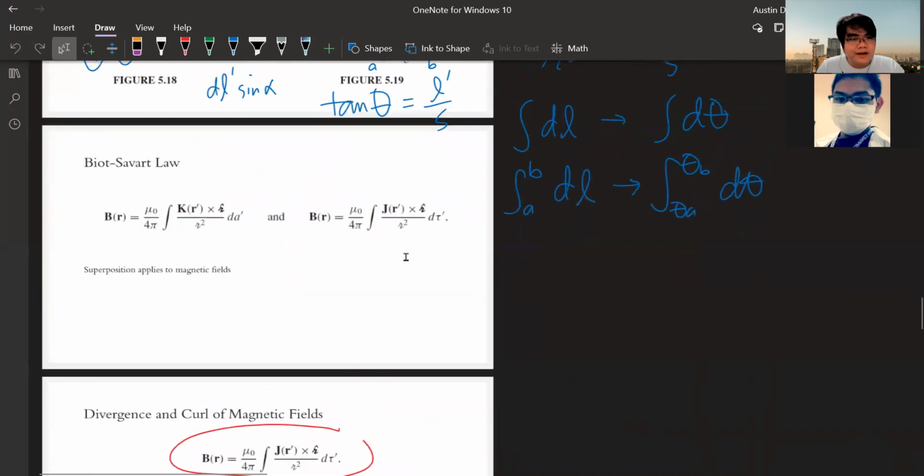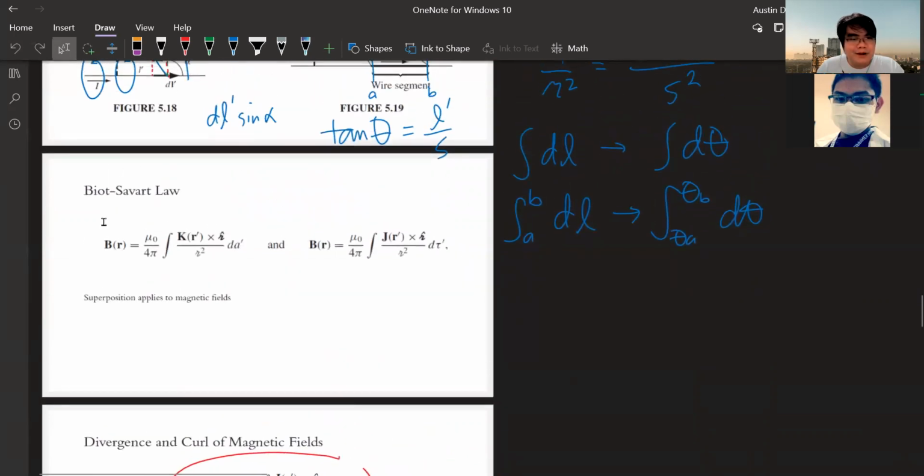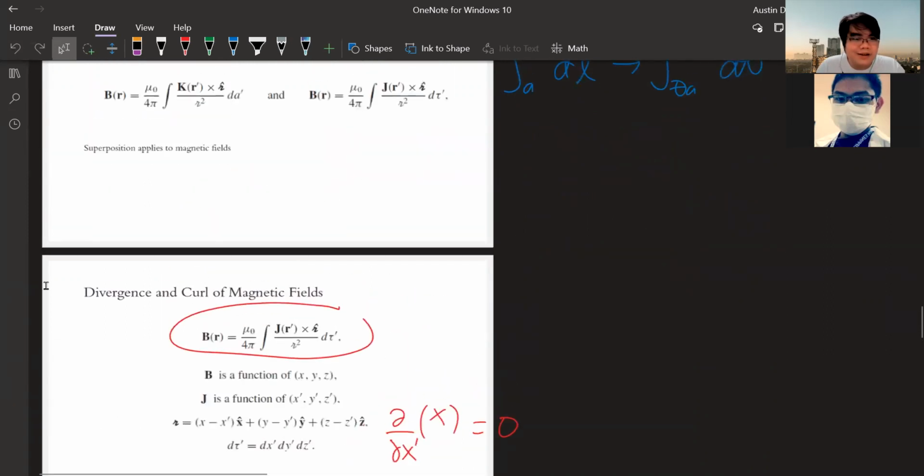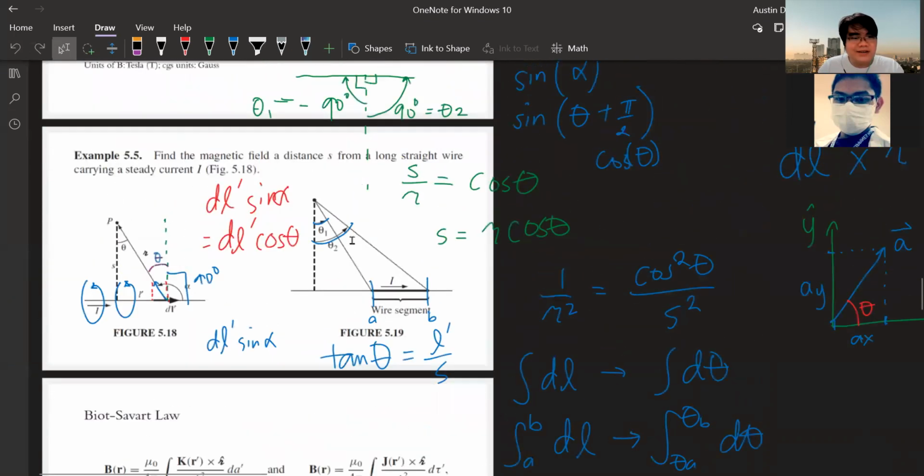And then, these are the other forms of the magnetic field kapag given ka ng surface current K at volume current J. And then, sinimulan na rin natin yung divergence and curl of magnetic fields kasi, parang sa electric field lang, kinuha rin natin yung divergence and curl. So, baka may makuha tayong easier way to do this.